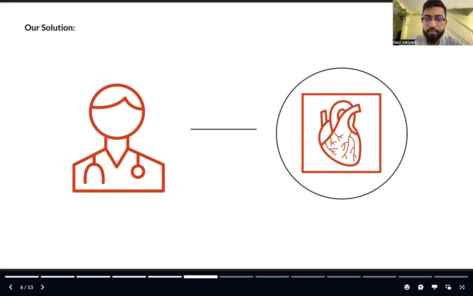Additionally, currently in industry, if you are to localize the problems in the heart, they would also take an invasive approach to this problem.